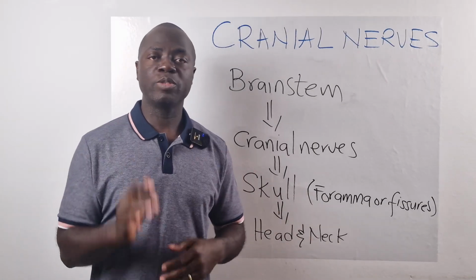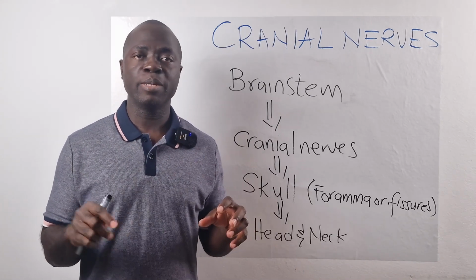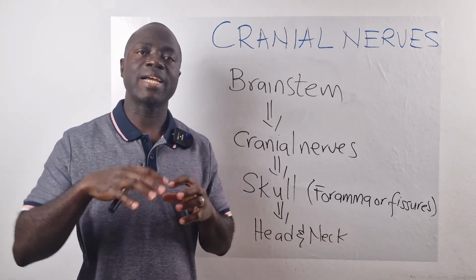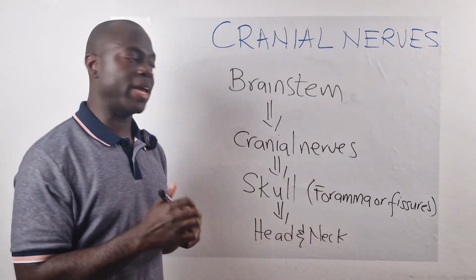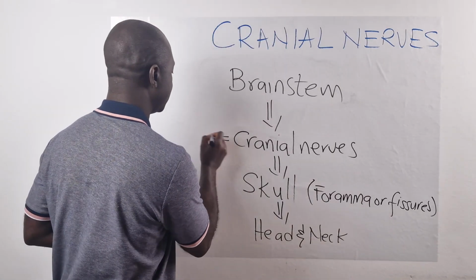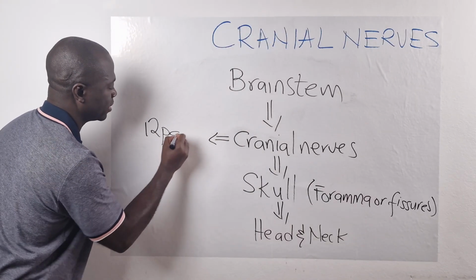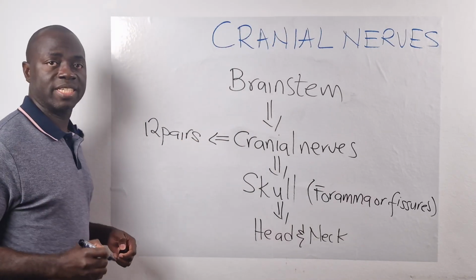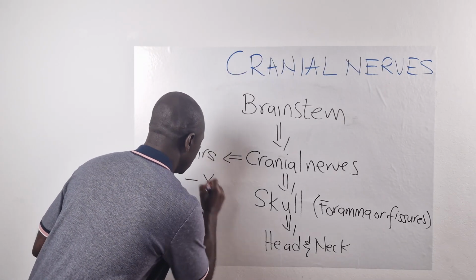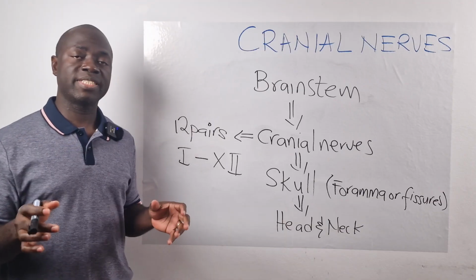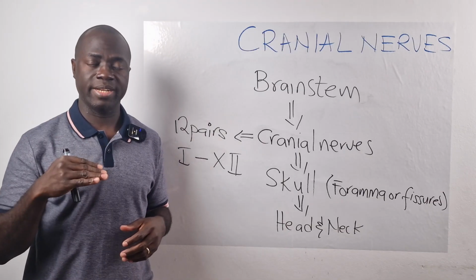So in simple terms, cranial nerves are major communication lines between the brain and structures around the head and the neck. There are 12 pairs of cranial nerves, okay? We have 12 pairs of cranial nerves, and we number them 1 to 12, all right? So this numbering system is according to their attachment to the brain.